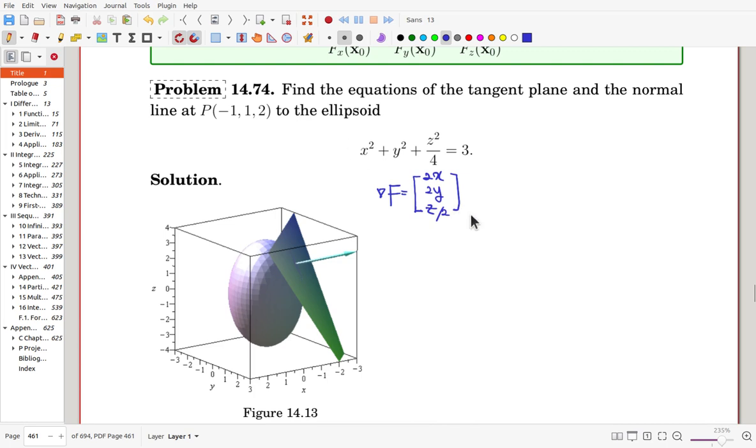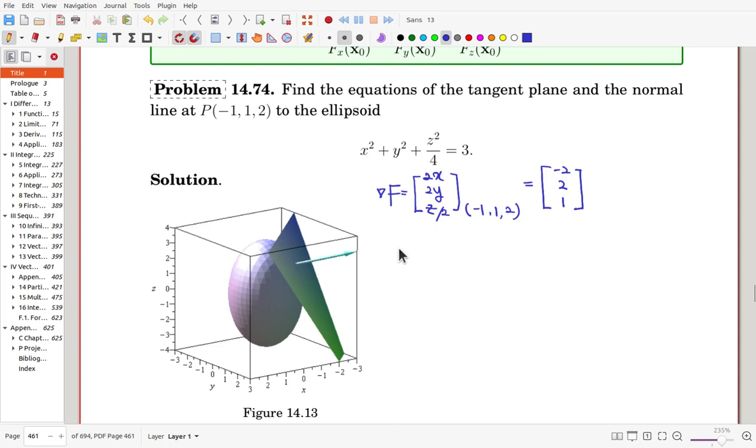We evaluate this at the point (-1, 1, 2). x is -1, then it is -2. y is 1, then it is 2. And z is 2, then that is 1. That is the normal direction.